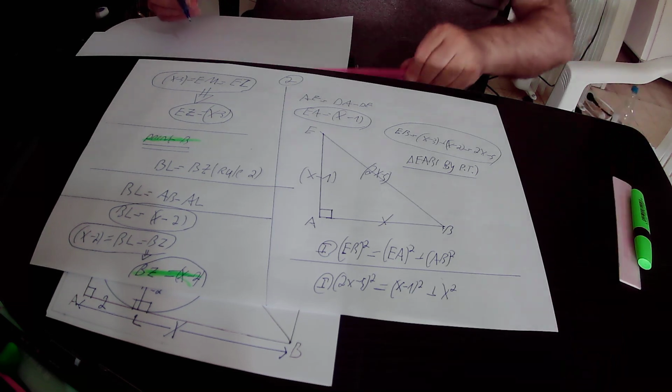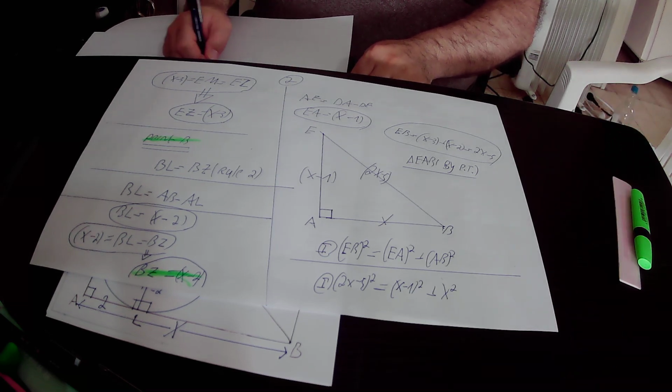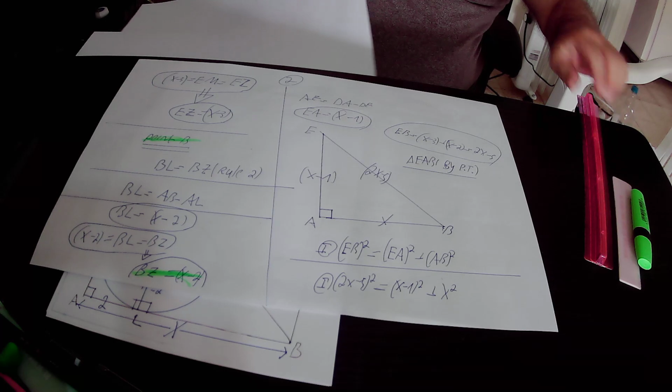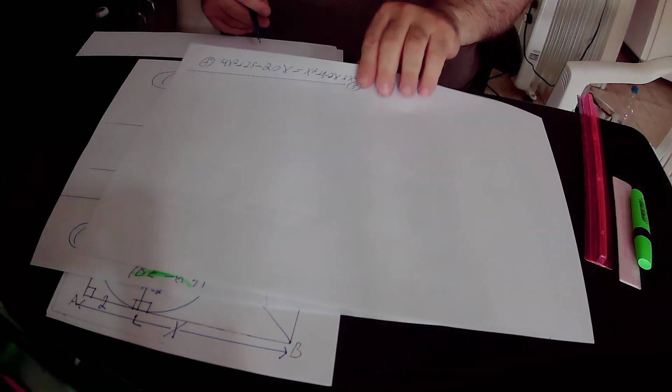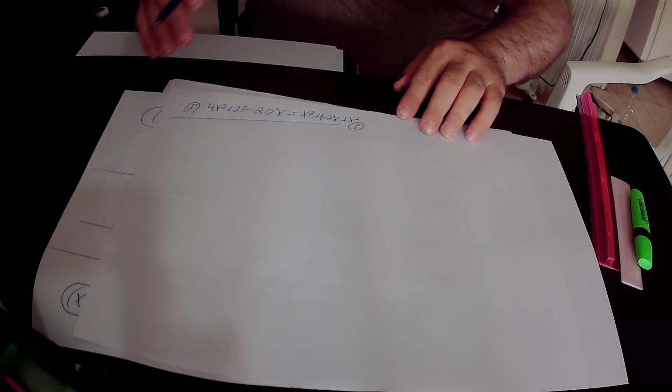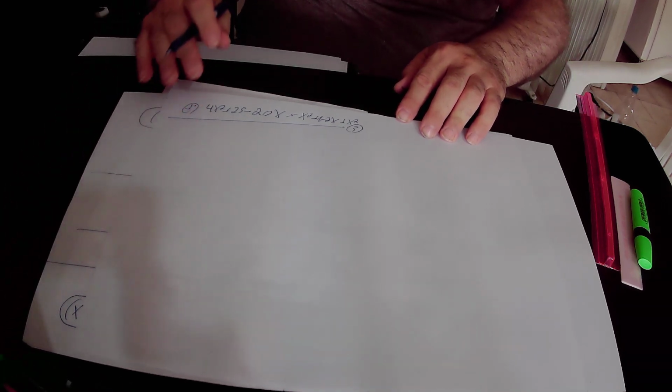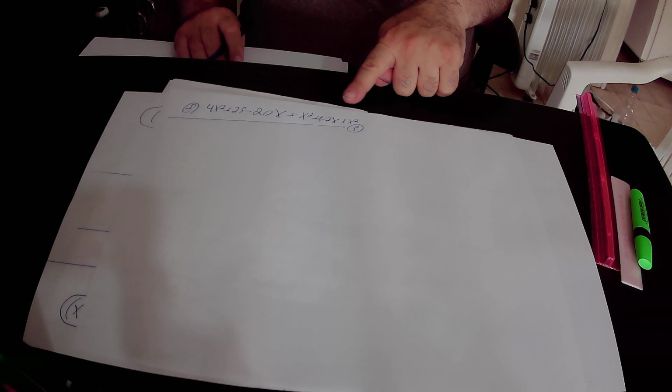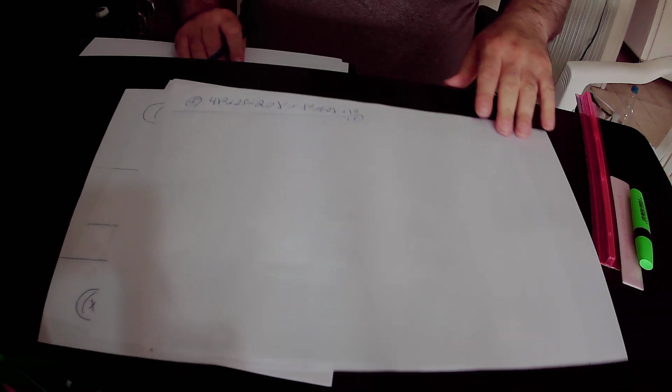So in conclusion, after we opened the brackets on both sides of equation number 1, we got this equation, and here x squared plus x squared is 2x squared. So I'll write it down.